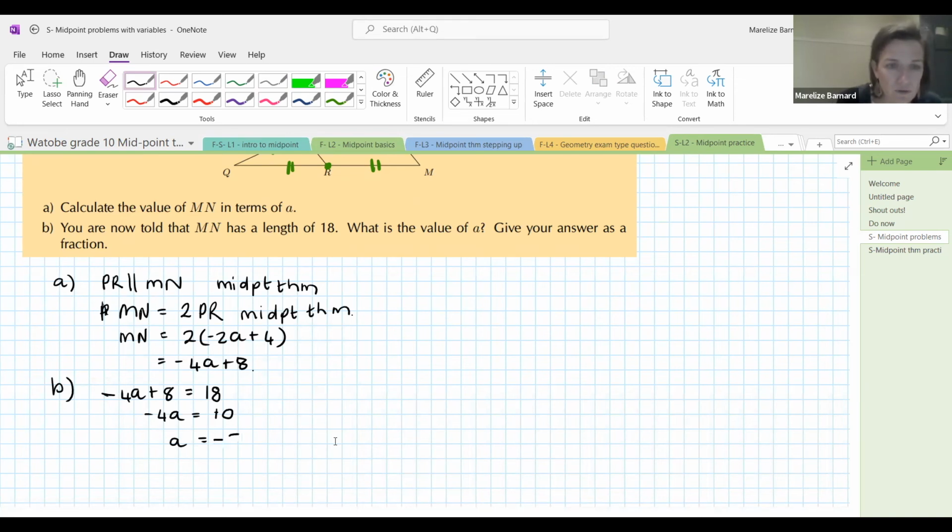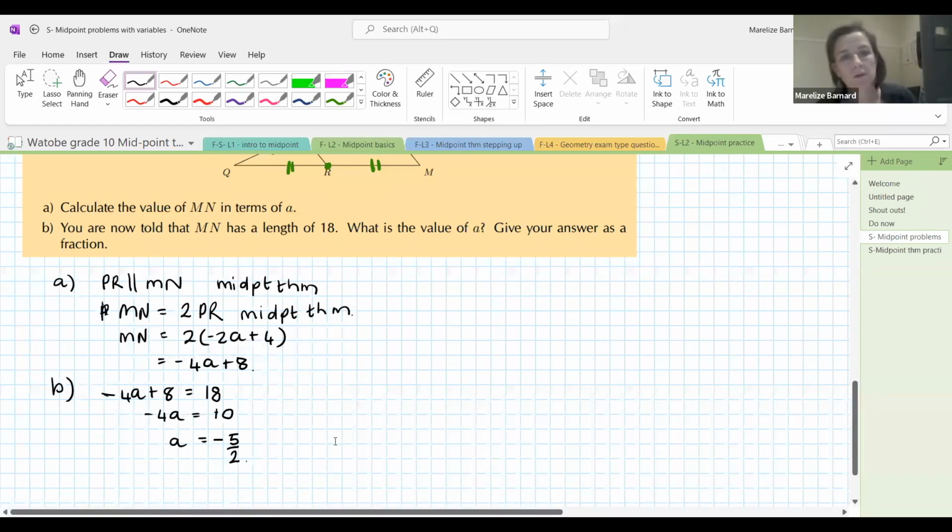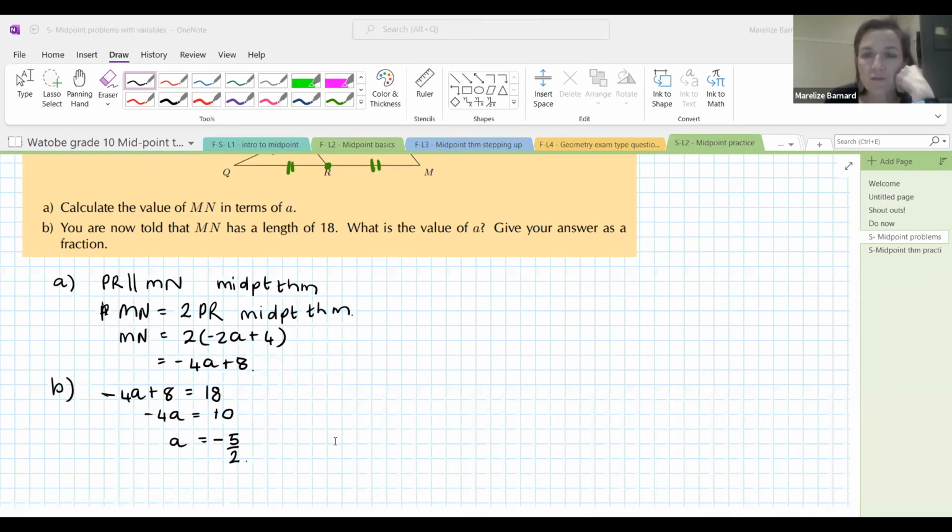Negative 5 over 2. Just read carefully. Nishan, you guys, everybody, give your answer as a fraction. So they want the negative 5 over 2. Yes, Niasha and Manyenzi. Good stuff.